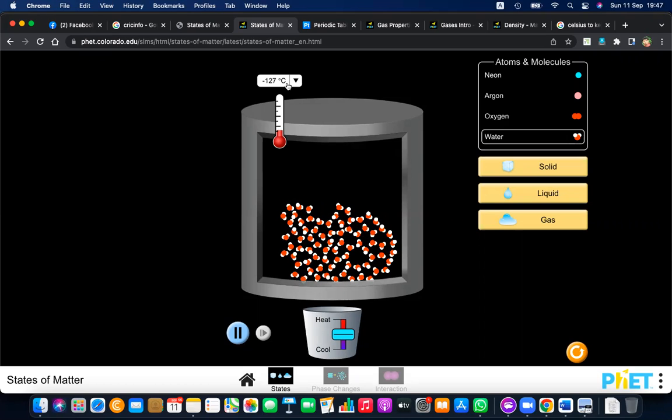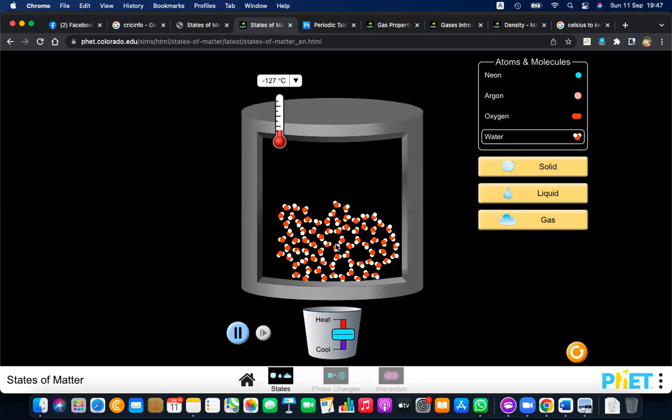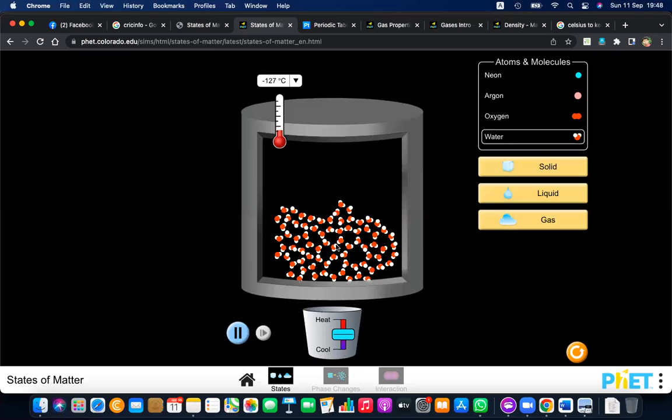Okay, so what is the temperature at which it will become liquid? In which temperature will it become liquid? We learned this in grade 6.